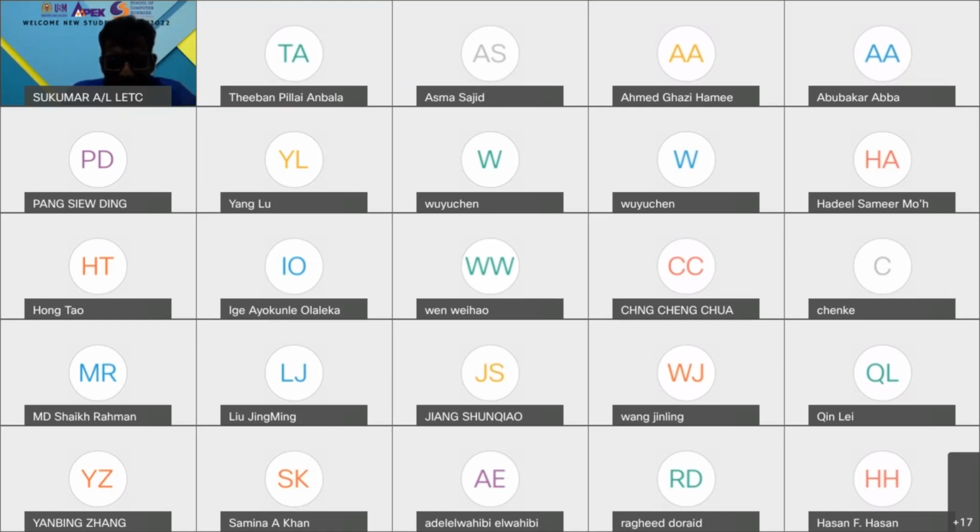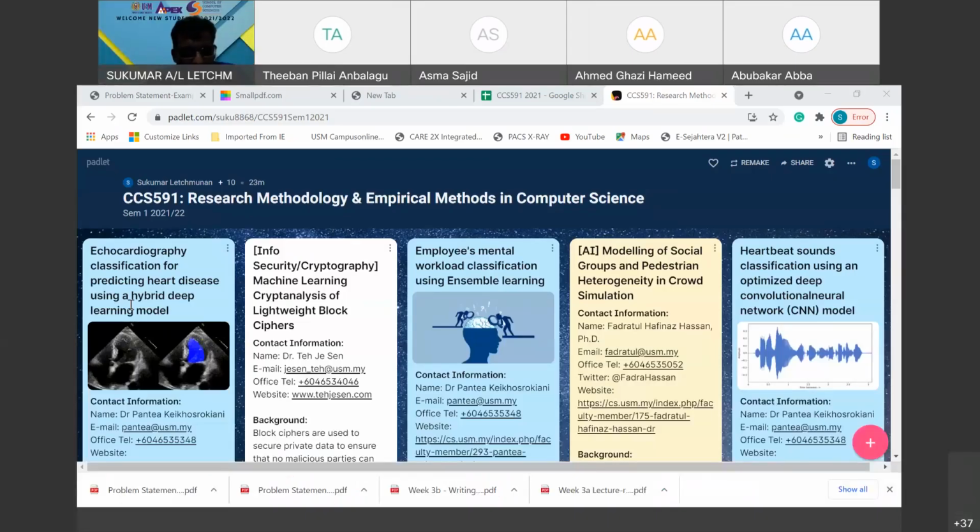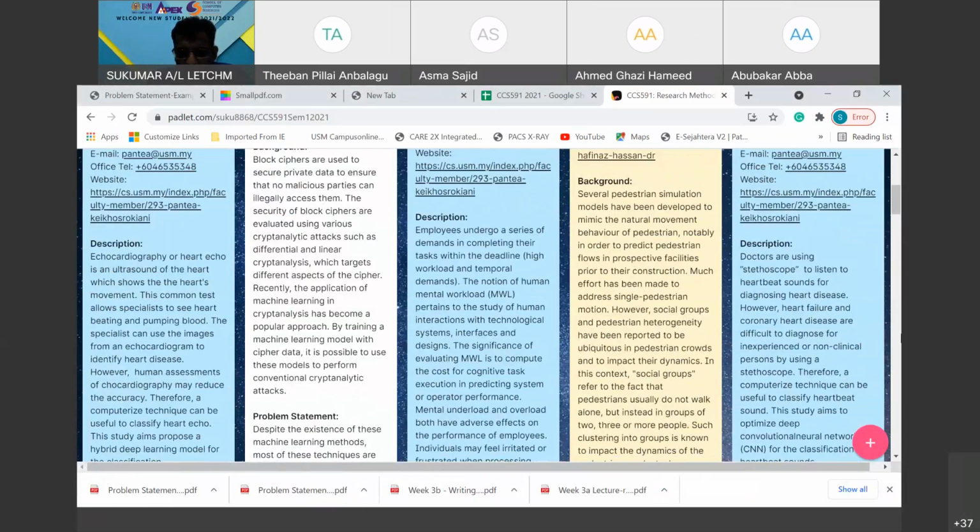Contact them after Wednesday. I show you this. This is how the Padlet is going to look like. From there you can see the title, who you can contact, their address, their name, and the description.